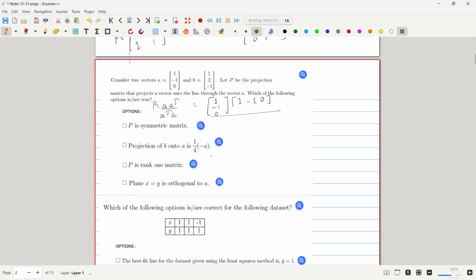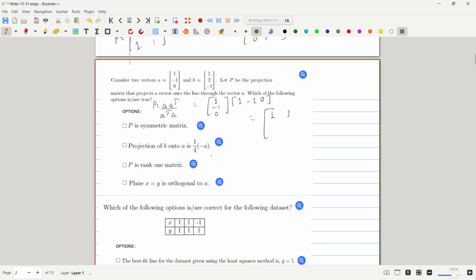Divide by, okay, first find A into A transpose. So 1 into 1.